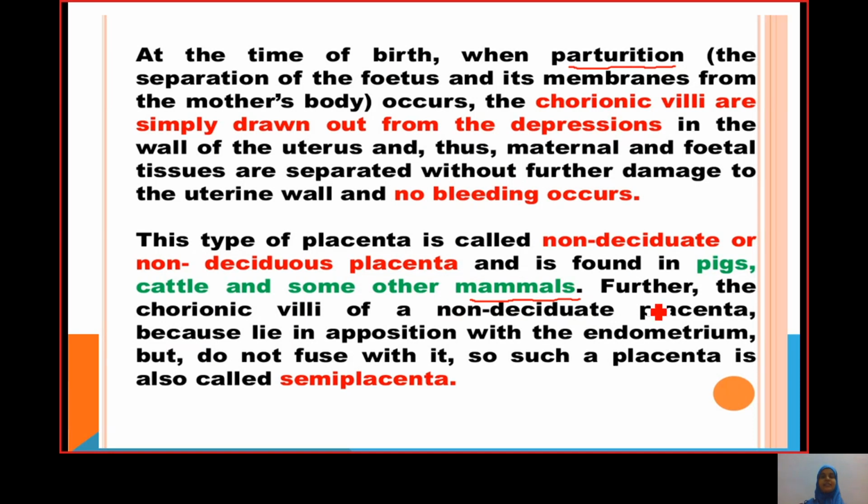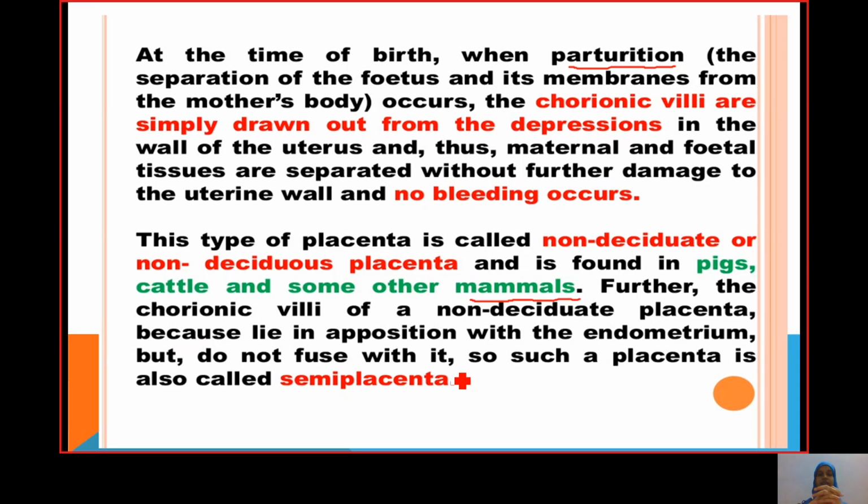Further, the chorionic villi of the non-deciduate placenta lie in opposition to the endometrium, but do not fuse with it. It just lies opposite to the endometrium of the mother.